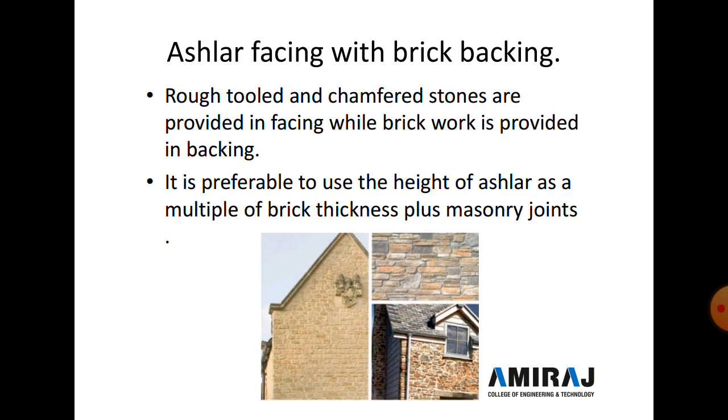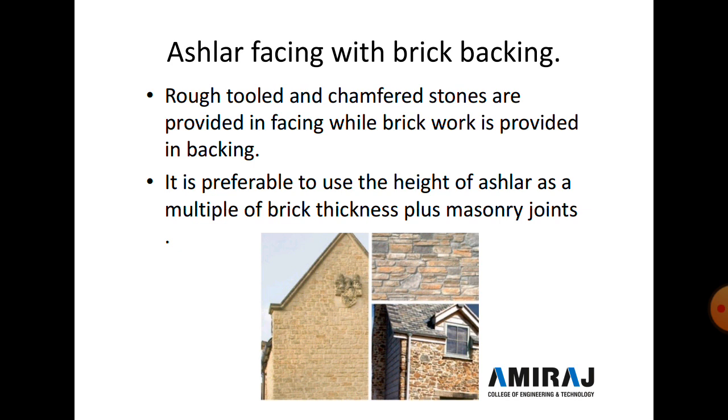Now the next type of composite masonry is ashlar facing with brick backing. In the figure you can see the ashlar facing. In this type of composite masonry, rough tool chamfer stone is provided on the facing side, while brickwork is provided on the backing side.